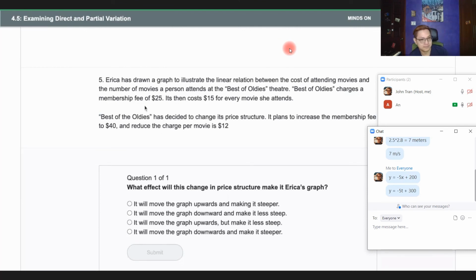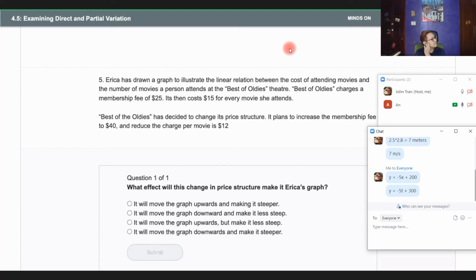Erica has drawn a graph to illustrate the linear relation between the cost of attending movies and the number of movies a person attends at the Best of Oldies theaters. Best of Oldies charges a membership fee of $25.